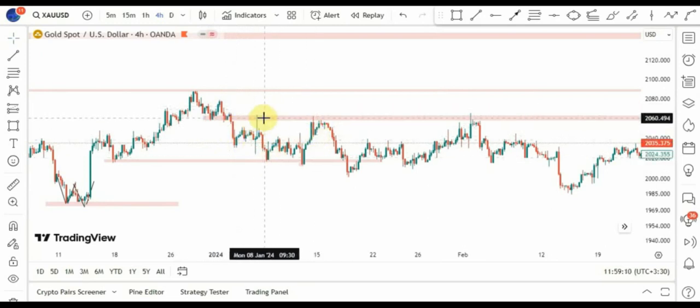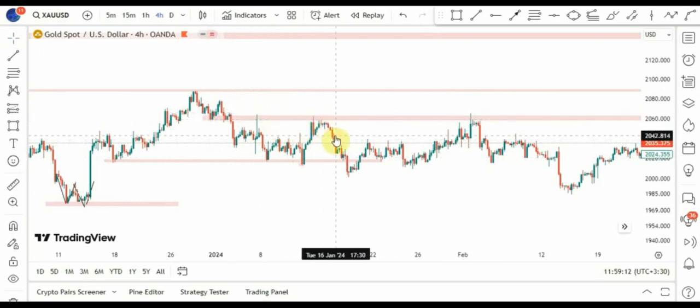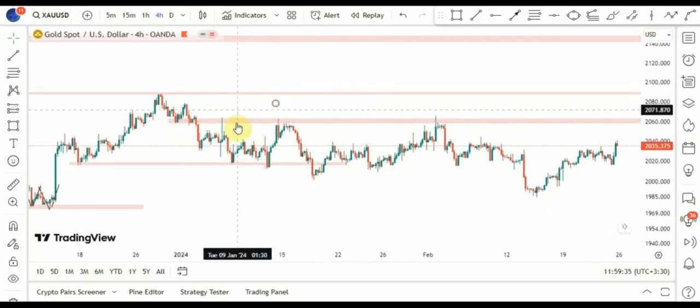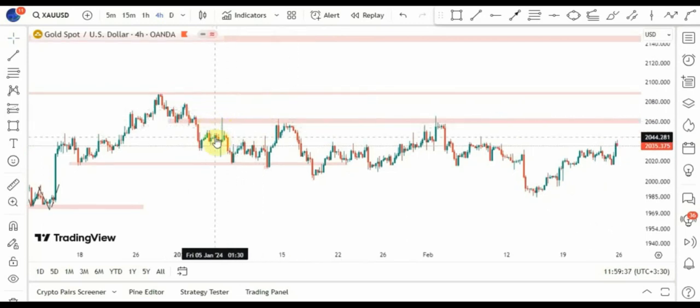Why? Because the first time when price was coming down, this zone worked as a support area, and when this zone broke to the down, it flipped to what? To a resistance zone. And now this is a resistance zone, and let's count the number of touches to this zone. 1, 2, 3.